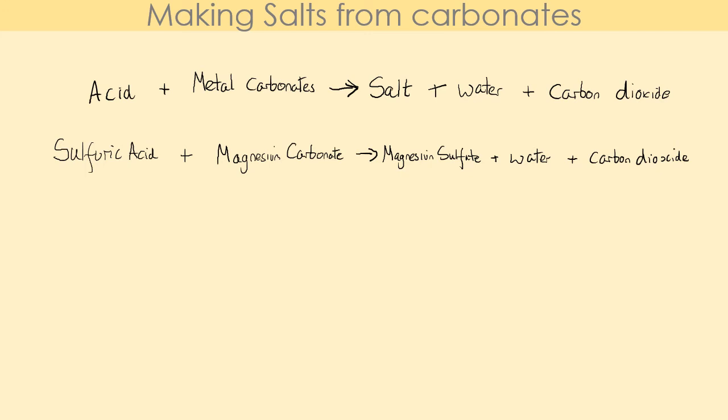We can then write our balanced symbol equation for it as well. So sulfuric acid is H2SO4. Our magnesium carbonate is MgCO3. And that should tell you what the charge is on the carbonate ion.